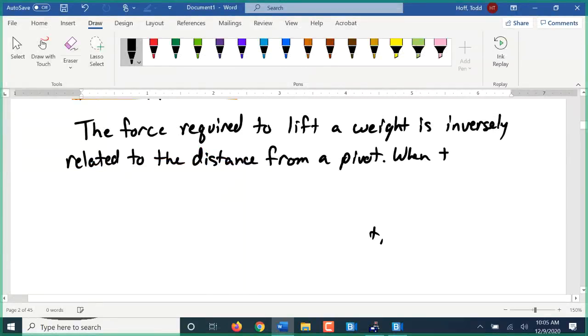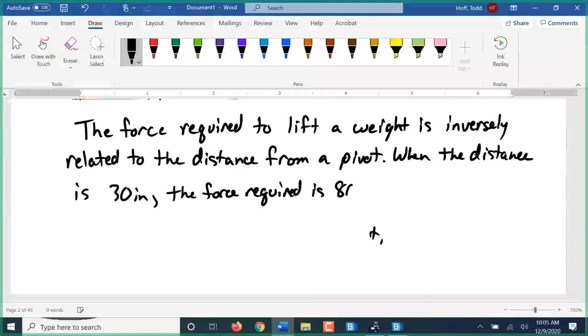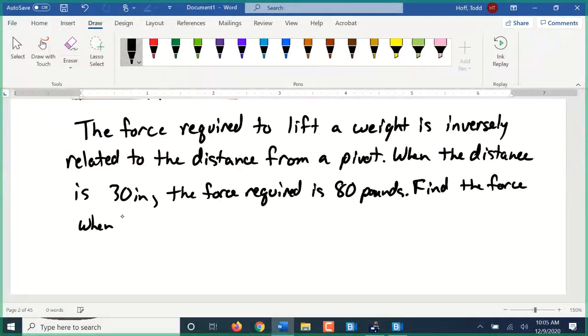When the distance is 30 inches, the force required is 80 pounds. Find the force when the distance is 60 inches.